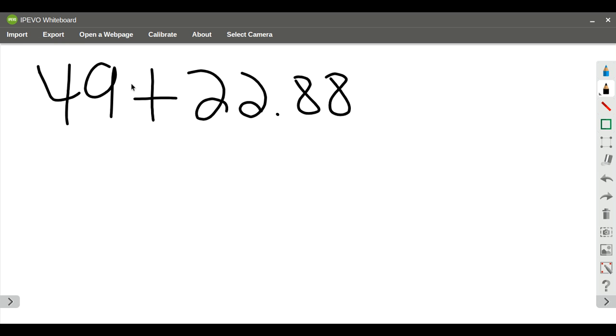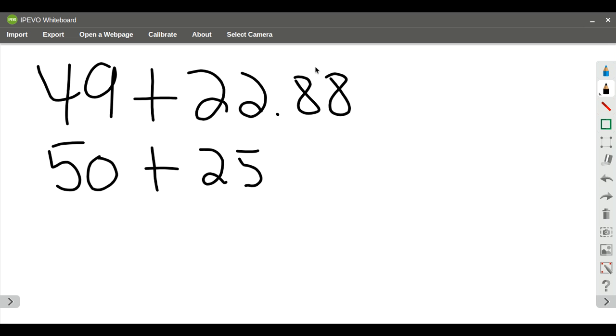The goal of estimation is to make it easier to add. So I'm actually going to round 49. I'm going to make a compatible number of 50 because it's already rounded to the nearest whole number. And I'm going to take 22 and 88 hundredths, and I'm going to add that to 25. So when I add 50 and 25, my approximate answer is going to be 75.